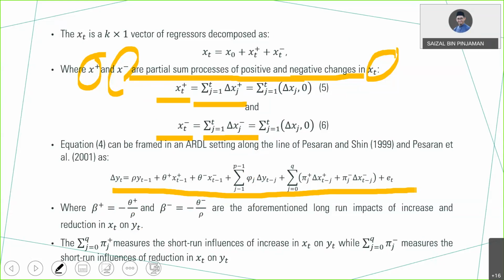Here we can see that the dependent variable is explained by its previous value, the independent variable in positive value, the independent variable in negative value, the change of the independent variable in lag, the change in dependent variable in their lag values, as well as the change of the independent variable, both positive and negative.